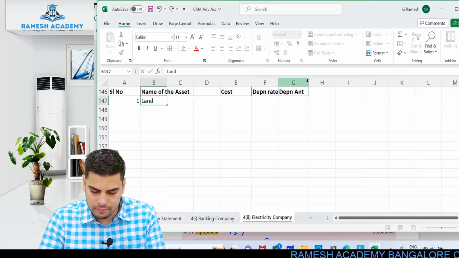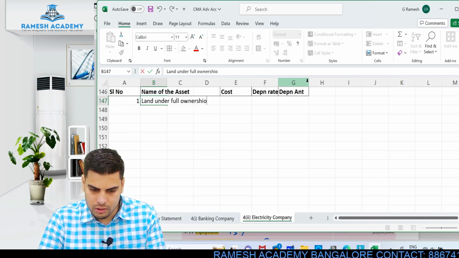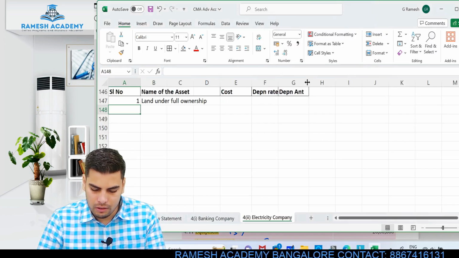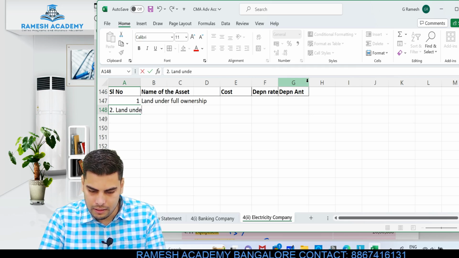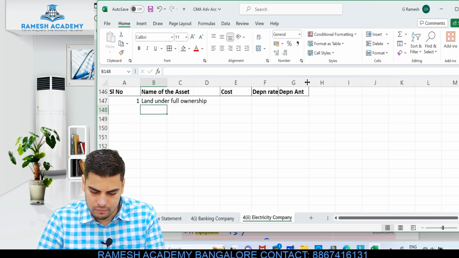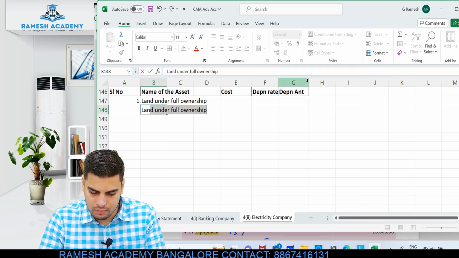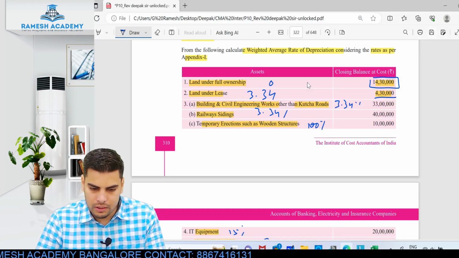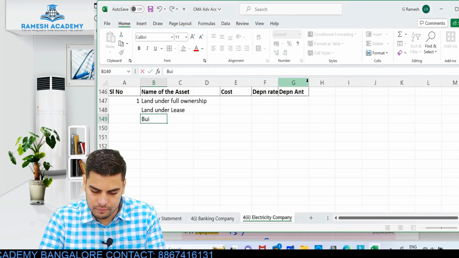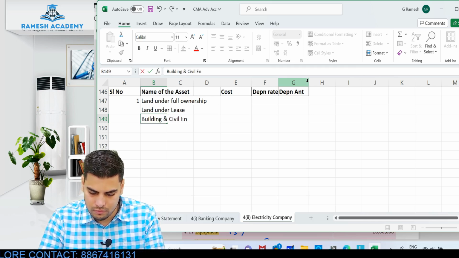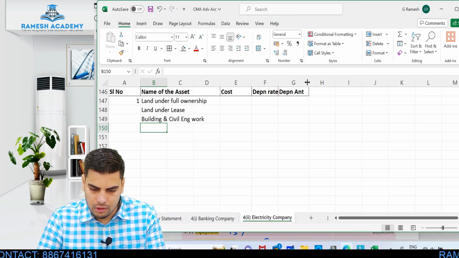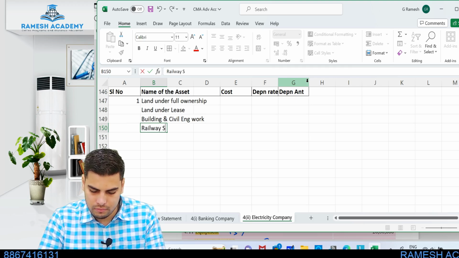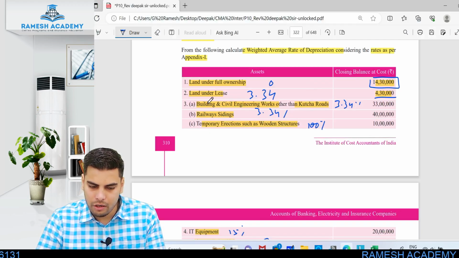So land under full ownership. So this is freehold land. Then we have got land under lease. After this we have got building and civil engineering work, railway siding. All these are category of building only, if you guys can see.